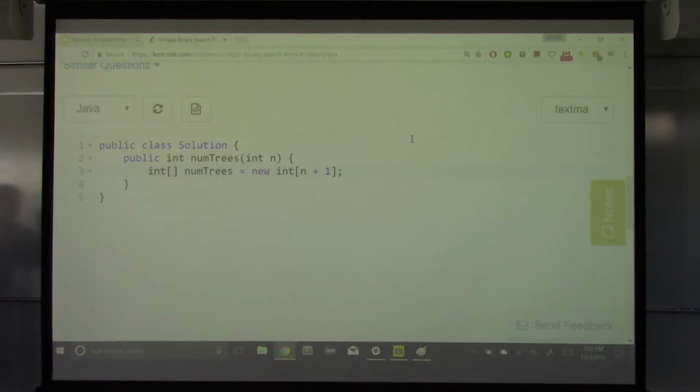Whenever you're creating these data structures, it's really helpful to have a clear notion of what each index represents. So here at index i, what do I store? The number of trees for i. So num trees of i is nothing but the function f of i. If you want to get n, then you need index n, which means n plus 1.